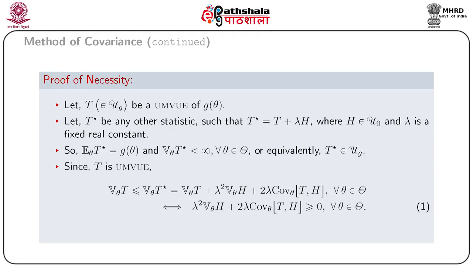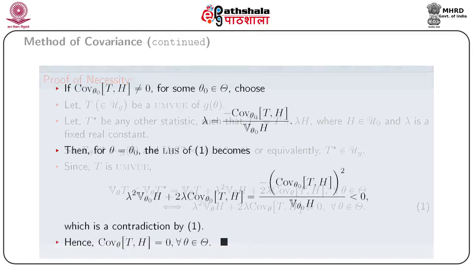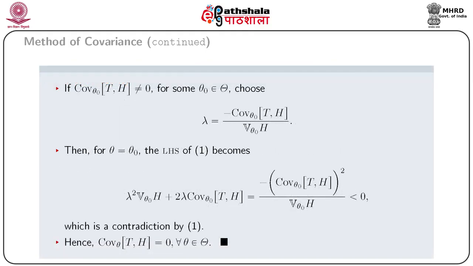We write this as equation 1. Now, if covariance of T and h is not equal to 0 for some theta_0 belonging to Theta, then we choose lambda equal to minus covariance of T and h under theta_0, divided by variance of h under theta_0.